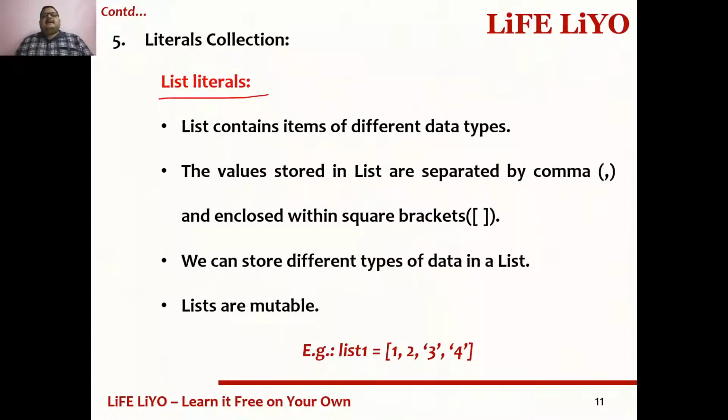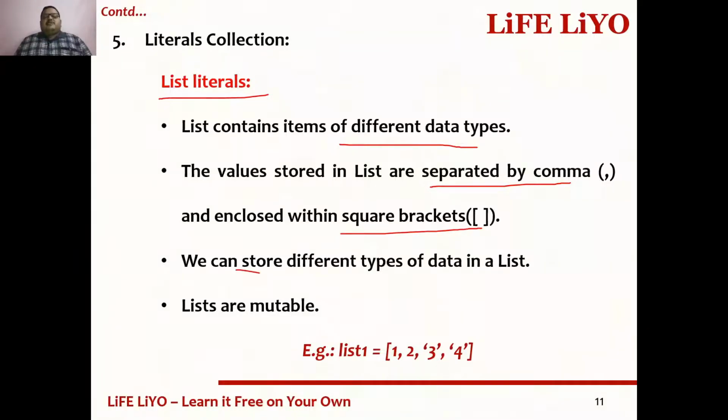And the most important one is literal collections. First one, list literal. A list consists of elements of different data types. Like in C programming, an array holds elements of the same data type, but here a list consists of elements of different data types. Each element in the list is separated by a comma and enclosed within square brackets.